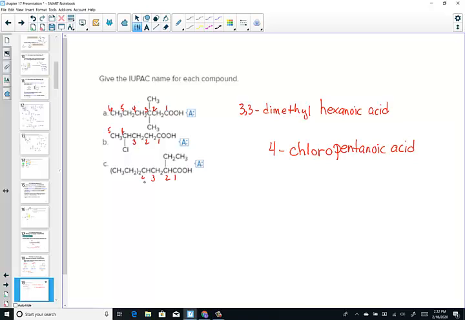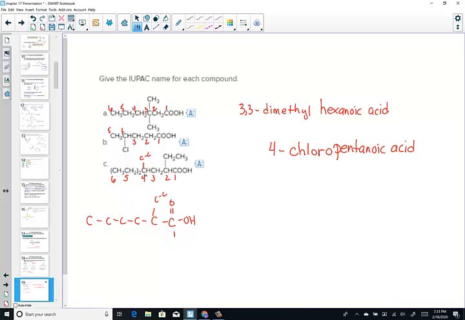1, 2, 3, 4, and then we have a branch, 5, 6, and it's like this guy coming up again. You see how that worked? We had 1, 2, 3, 4, 5, 6 carbons in the longest chain. There's your COOH at carbon 1. At carbon 2, there's an ethyl group.